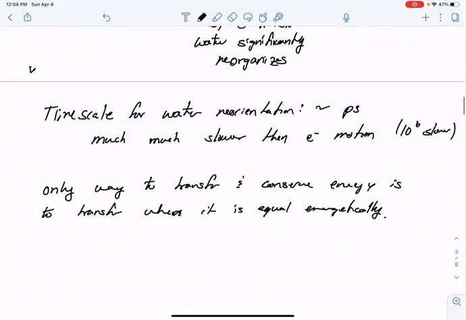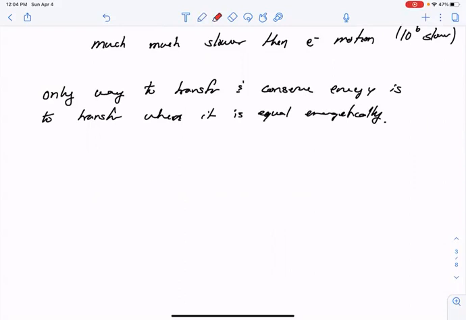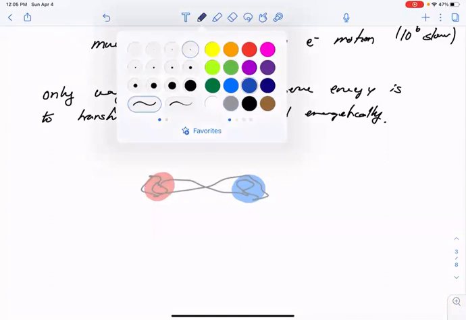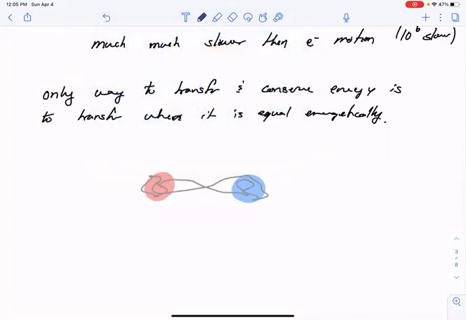So for example, if we took our red metal center and our blue metal center, we're imagining that those don't really have meaningful internal degrees of freedom. So if the electron was to hop from one side to the other, it would have to do so in an environment where localizing on the left or the right was equal energetically.